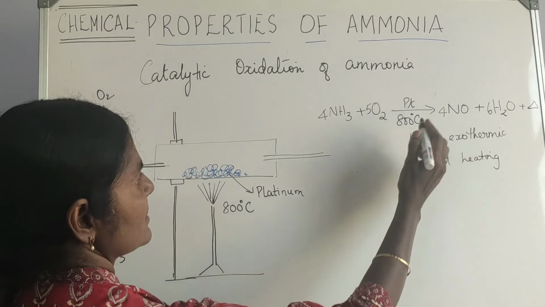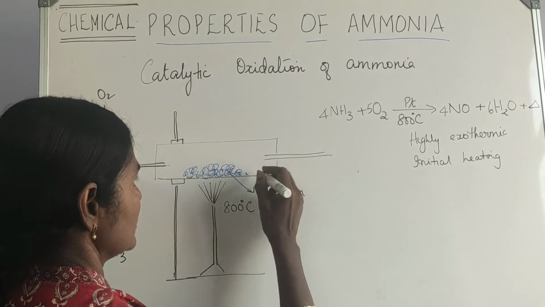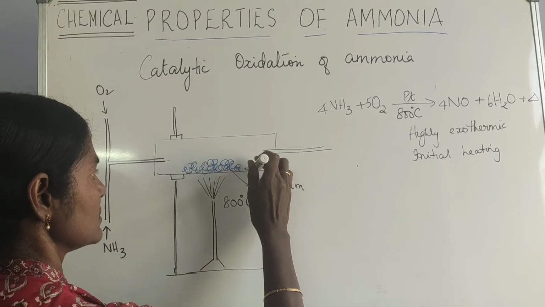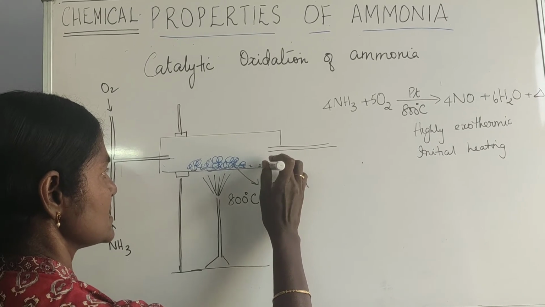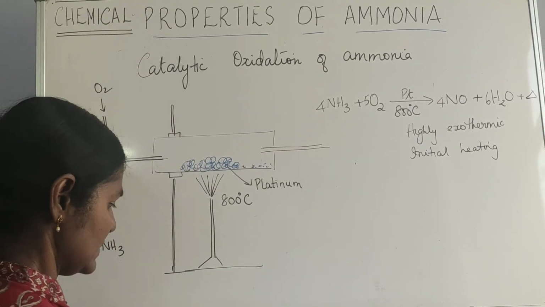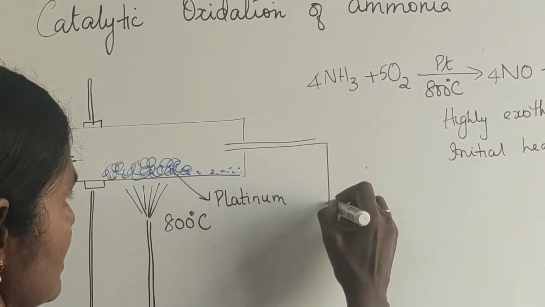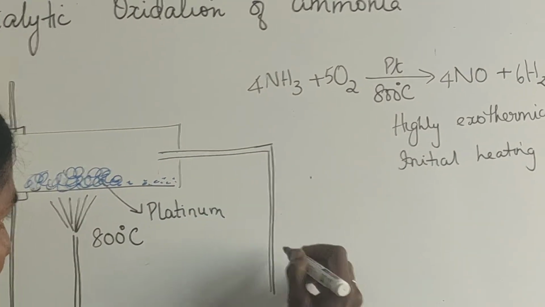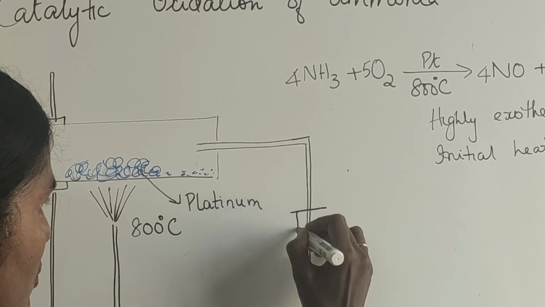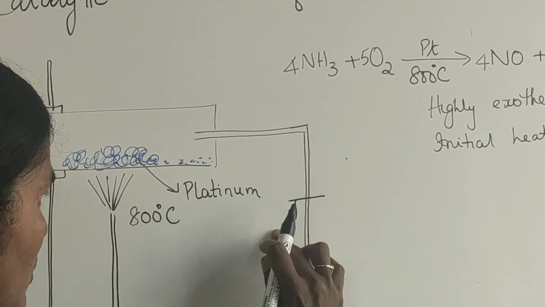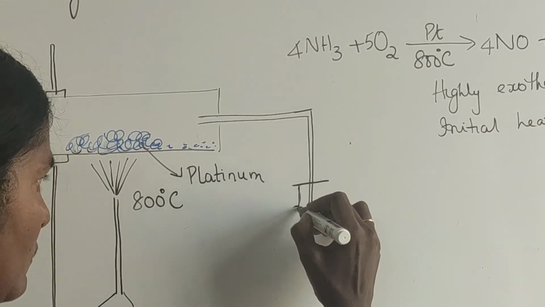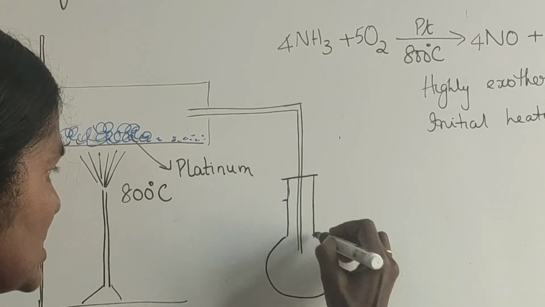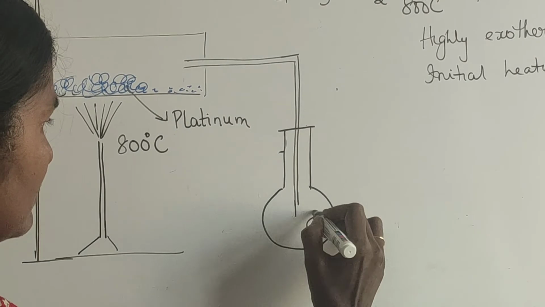Now, when nitric oxide and water vapor are given out, water will condense on these sides, whereas this nitric oxide reacts further with more oxygen and forms reddish brown fumes of nitrogen dioxide, which means there is a further reaction happening.